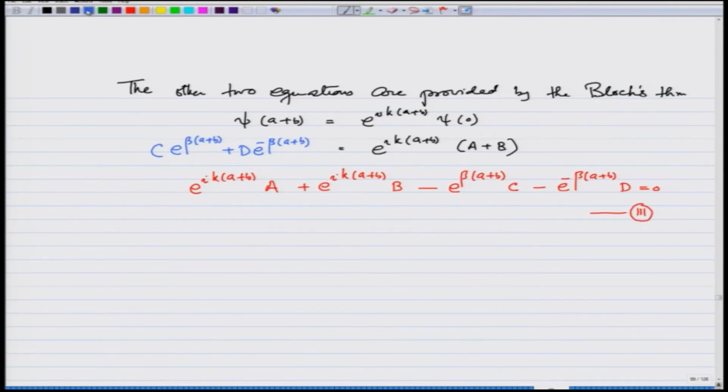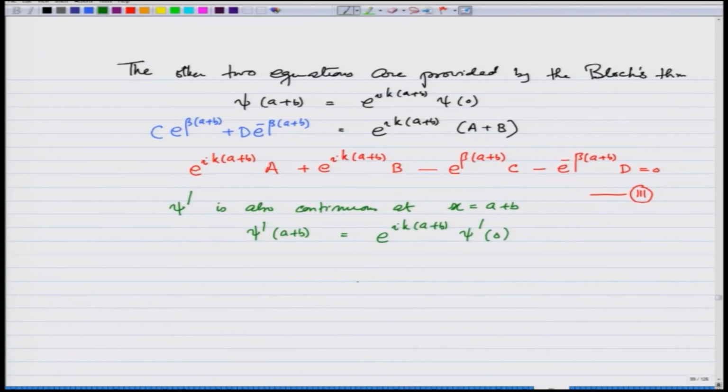And finally, equation number 4, since psi is continuous, psi prime is also continuous at x equals A plus B. So, I am going to have psi prime at A plus B is equal to e raised to i k (A plus B) times psi prime at 0, which gives me e raised to i k (A plus B) times psi prime here, which is i alpha (A minus B), and on the left hand side I am going to get beta e raised to beta (A plus B) times C minus beta e raised to minus beta (A plus B) times D equals this.